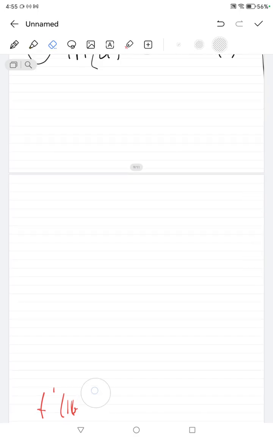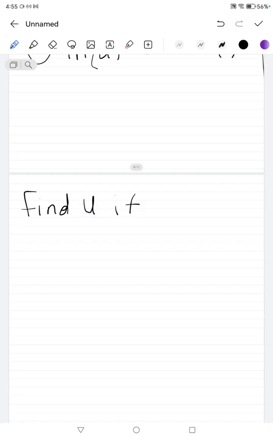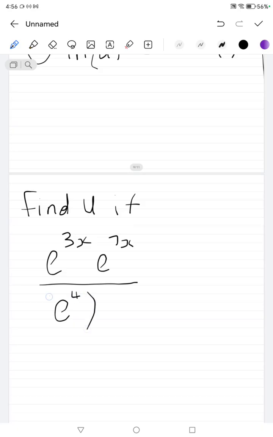Let's say now we have an example where they say you have to find u if you were given e to the exponent 3x multiplied by e to the exponent 7x, all over e to the exponent 4 multiplied by 2x, equals e to the exponent u.